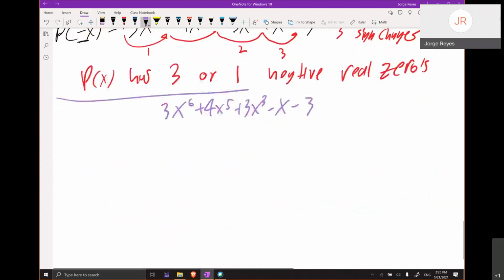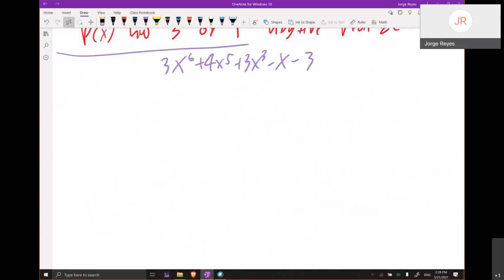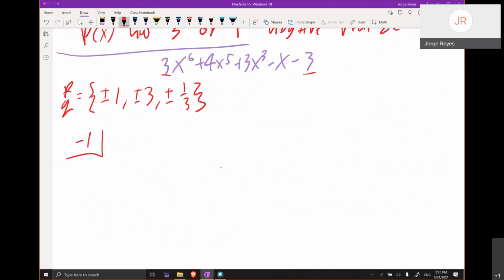Full disclaimer, this could totally blow up. If I do rational roots theorem, here are my rational roots, because you get 3 and 3. So I'm going to guess -1, just because I should be guessing negative numbers apparently.